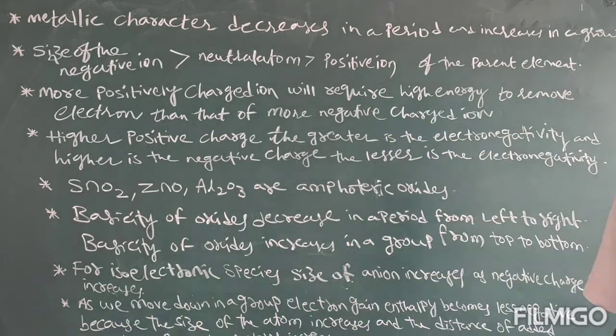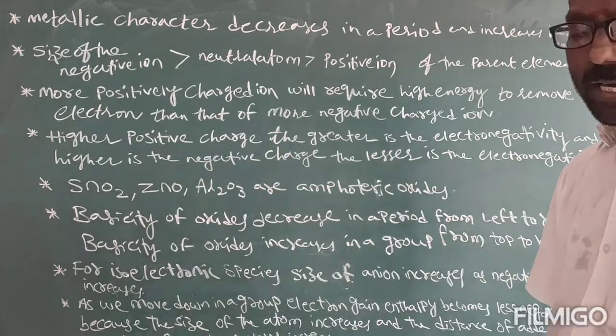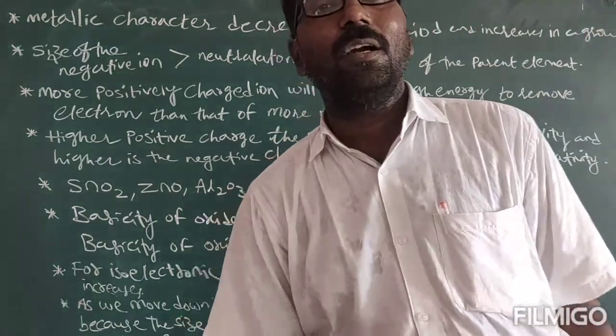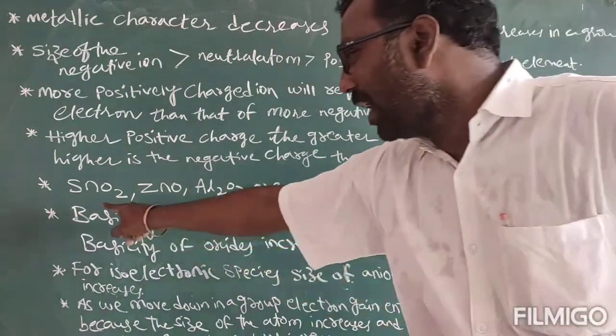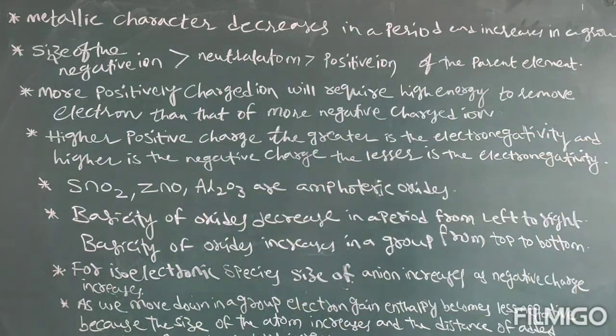Next, generally in competitive exams they ask which of the following is an amphoteric oxide. Till now these three are only being asked: SnO2, ZnO and Al2O3. Those are the amphoteric oxides.